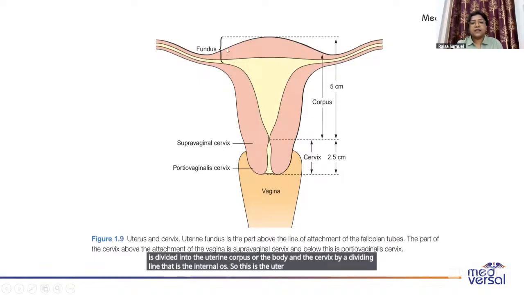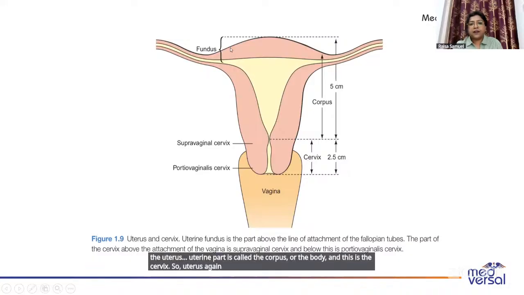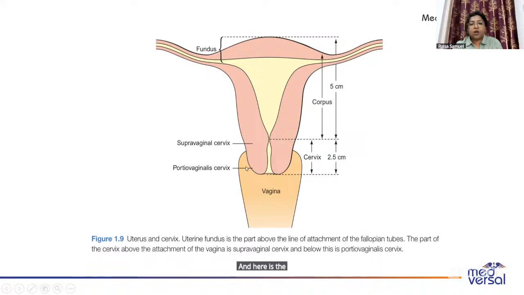So the uterine part is called the corpus or the body, and this is the cervix. The uterus again has the fundus, which is the top anterior part, and this is the corpus or the body, and here is the internal os. This is the external os.